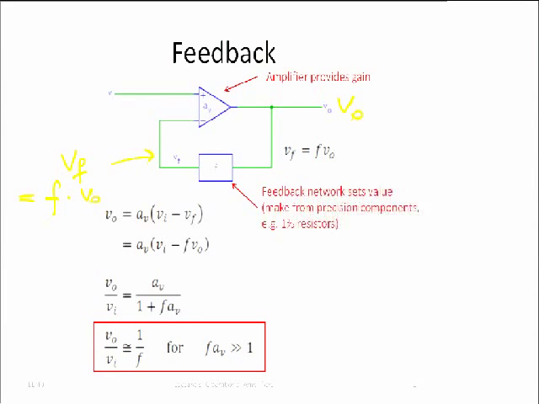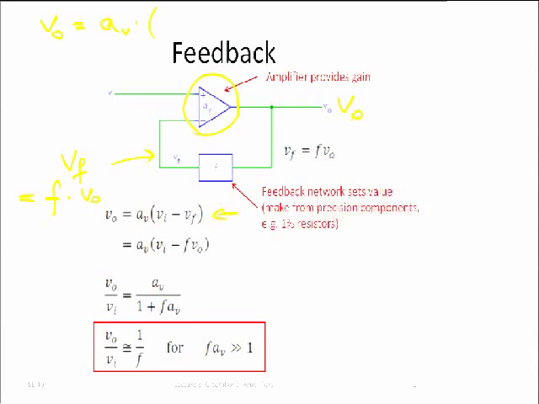But this slide is more general, right? That's the feedback theory, the mathematical description of what's going on. Now the operational amplifier itself basically says that V out is equal to AV, the open loop gain, times whatever is at its input terminals.